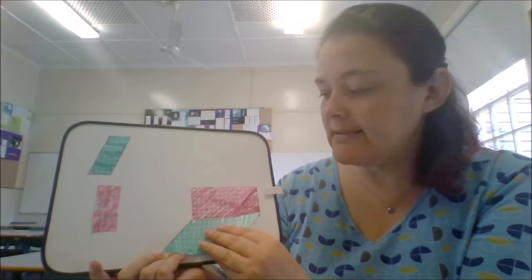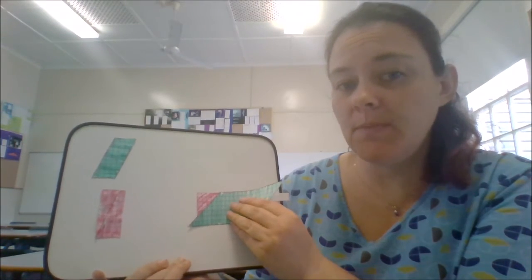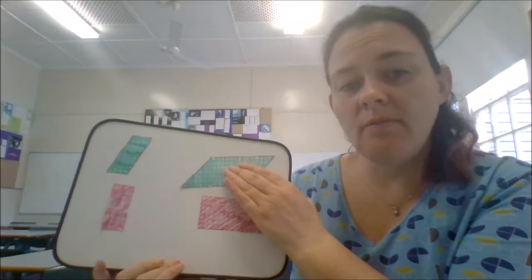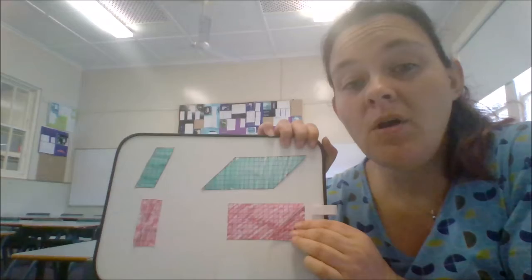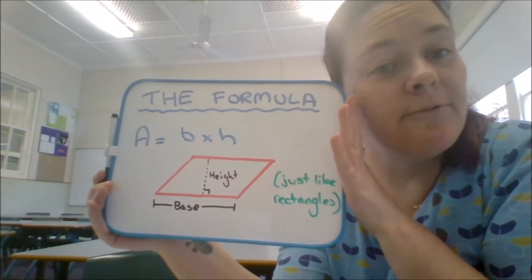It stayed exactly the same, and the height has also stayed exactly the same. So the base and the height of our parallelogram remain the same. So the formula for our parallelogram is the same as the formula for a rectangle.